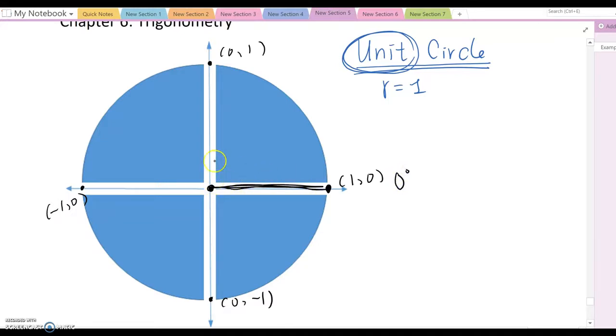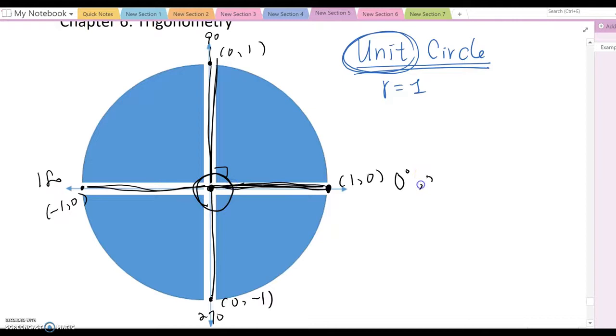And then this angle becomes 90, so 90 degrees until here, then 180 degrees. Now from here to here, then 270 degrees, and then one full cycle is 360 degrees.